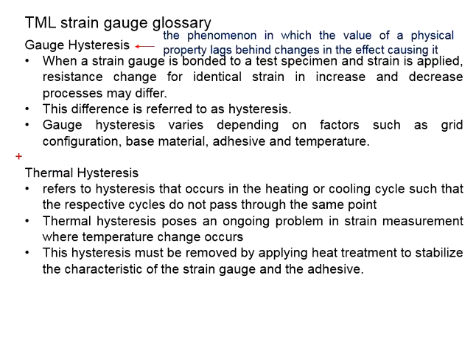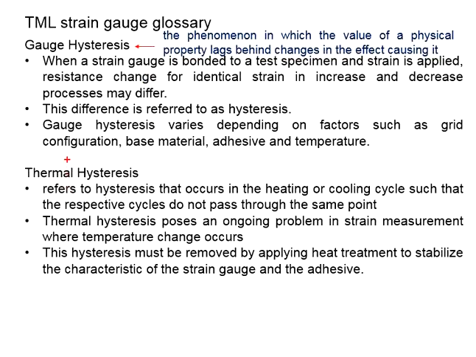Next, we talk about thermal hysteresis. This refers to the hysteresis that occurs in the heating or cooling cycle, such that the test material is being heated and cooled in various cycles.